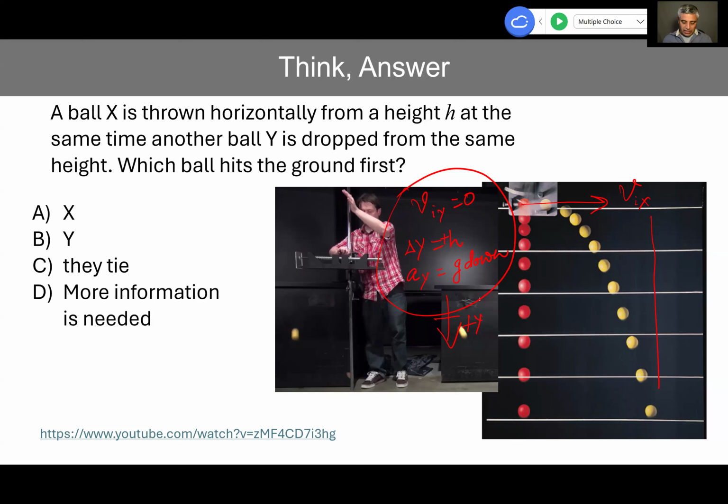This is linked to a video where this experiment is being done, and this is just a screen grab from that video. You see both balls are side by side there, so that means they are arriving at the ground at the same time as well.